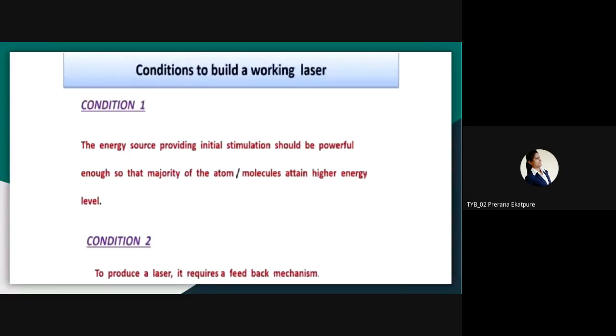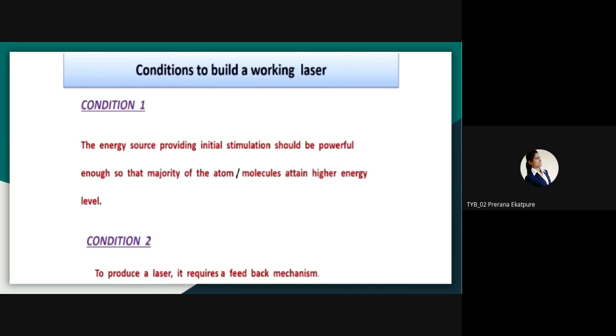So most of the atoms in the lasing medium should be at the higher energy level. You need an external source like heat or light so that most of the atoms in the lasing medium are in the higher energy level.